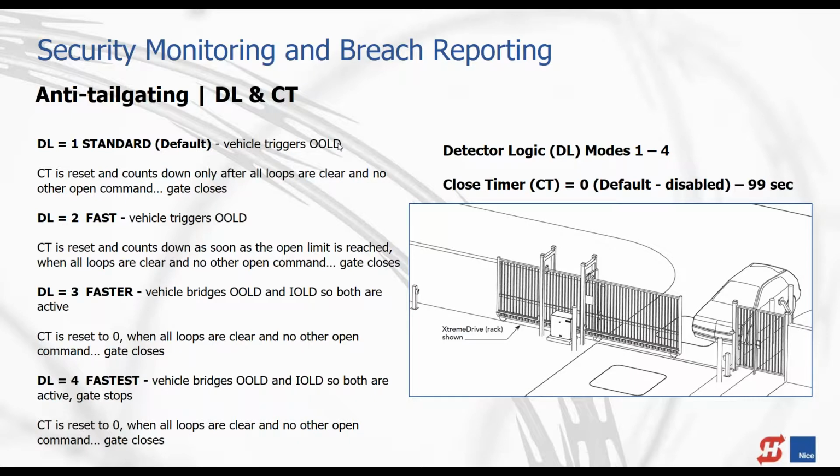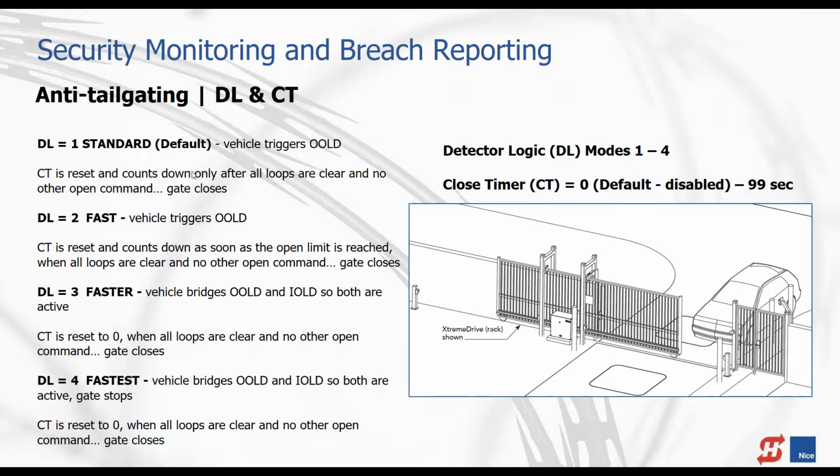In a slide or swing gate, how do we do that? Well, you could have your access control send a close command, I guess, but more typically we see a close timer set, right? The close timer default is set to 0, which means it's disabled. But here on the right side of the screen, you can see that it goes from 1 to 99 seconds. You can set that close timer, and that works in conjunction with the detector logic.